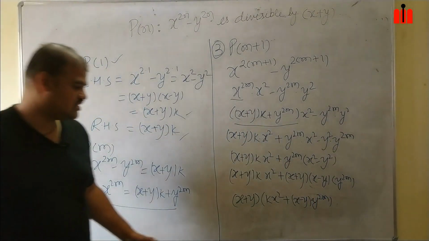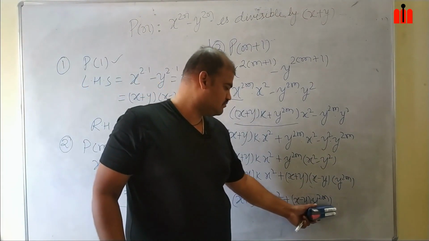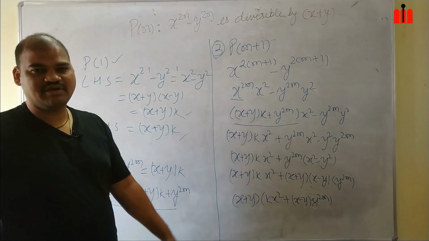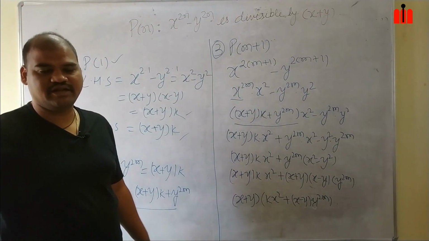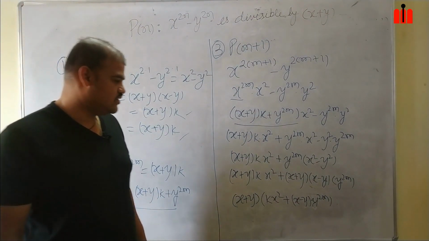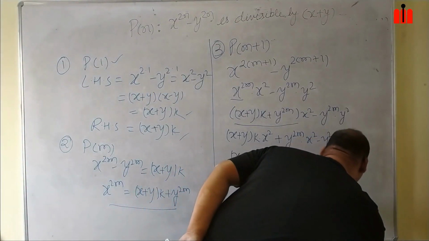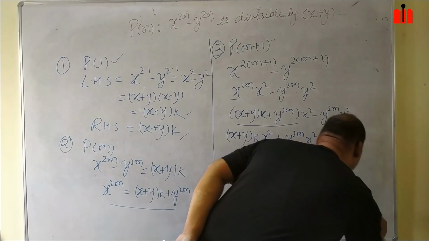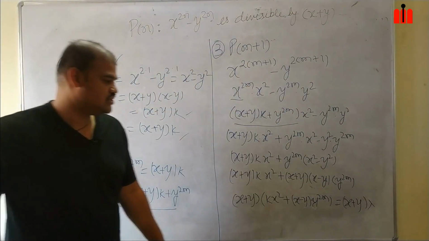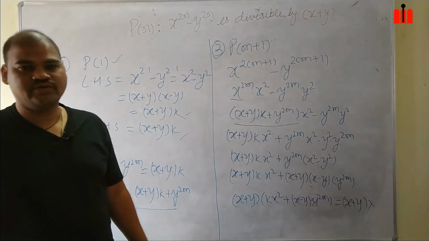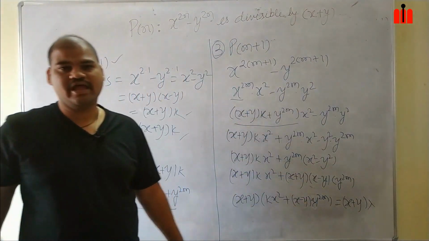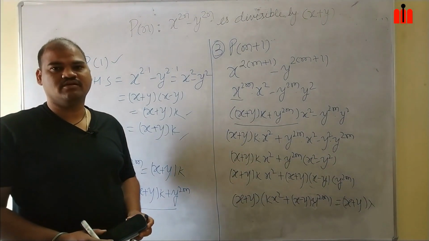Okay, so this entire term I can write again as lambda, the same as we did in problem number 10. So it will become x plus y into lambda, right? So this will become x plus y into lambda. That means this entire term is divisible by x plus y.